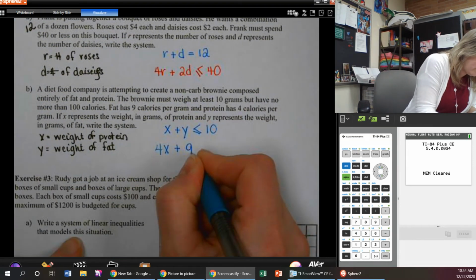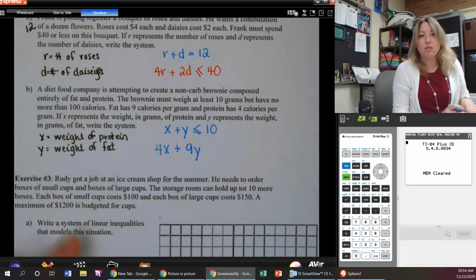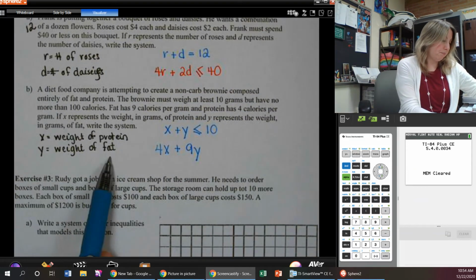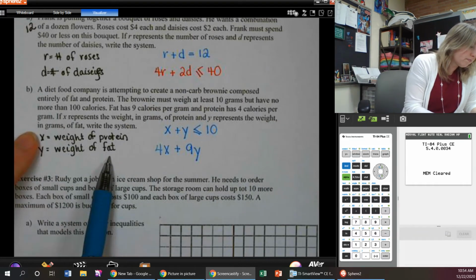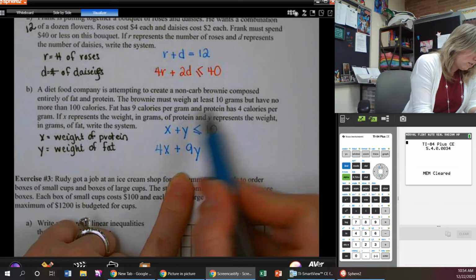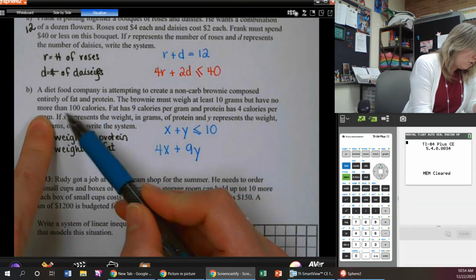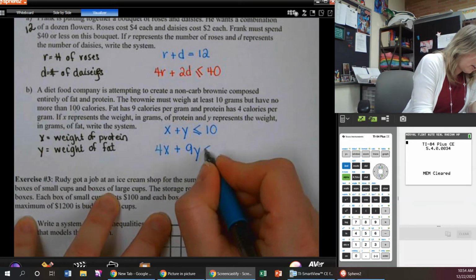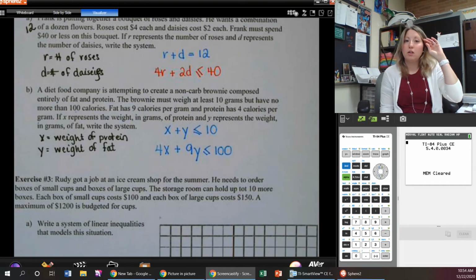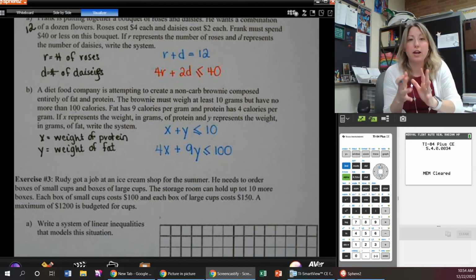And 9 times Y gives me calories per fat, because fat is Y, right? That needs to be no more than 100. So that needs to be less than or equal to 100 total calories. That's how we would create those two.